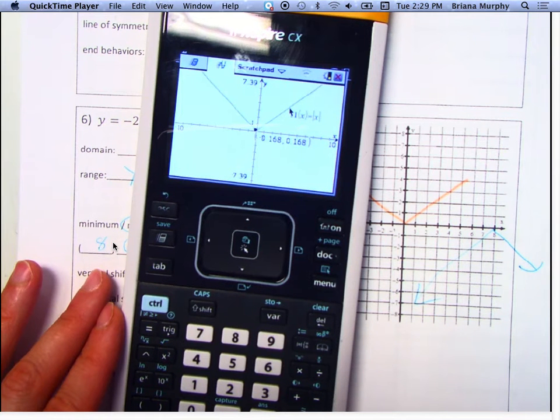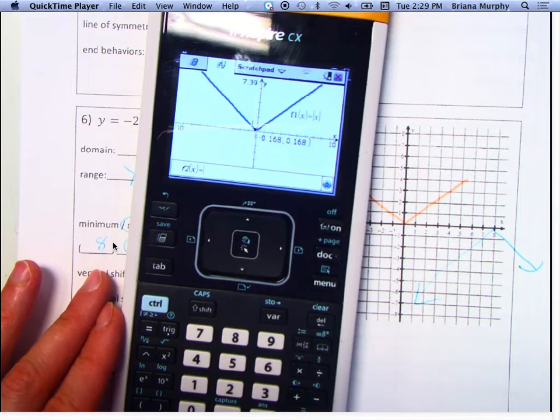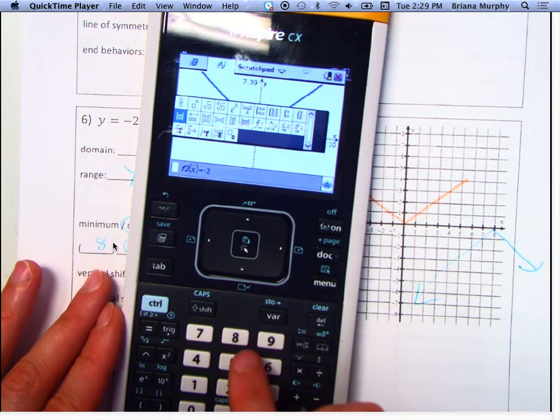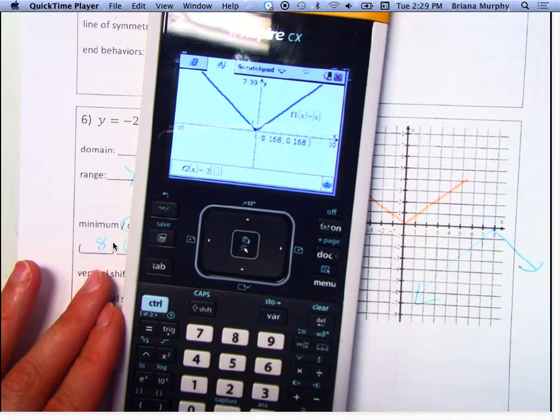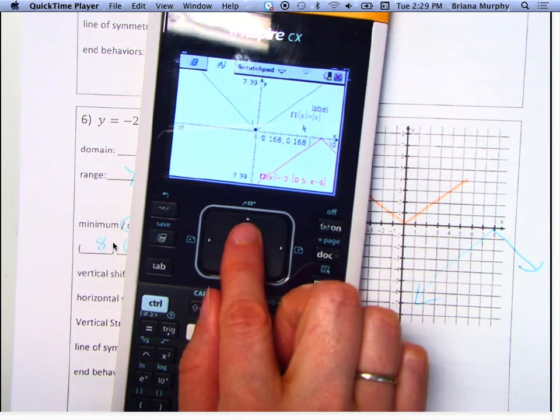That's my parent function. Then I'm going to add another one: negative 2 times the absolute value of 0.5, because it's the same as 1/2, times x minus 4. I'm just going to move this over a little bit so we can see it.